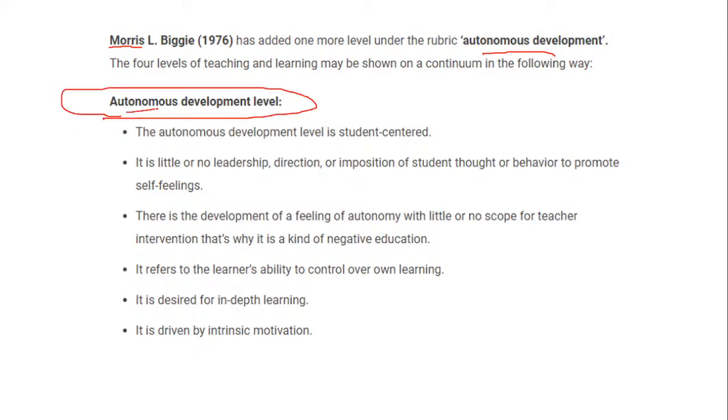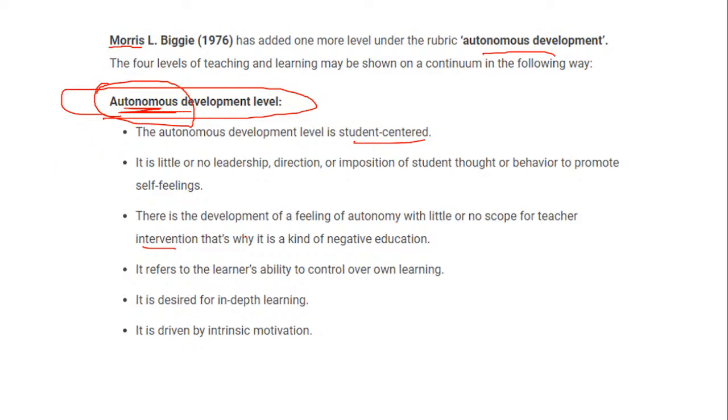What is this autonomous? Autonomous means the autonomy, the freedom given to the student. So the autonomous development level is student centered. The liberty is in the hands of the student. It has little or no leadership from the teacher's end. Whatever is done is done by the student. There is no scope, or very little scope, of teacher intervention, because the entire freedom is given to the child for his development.